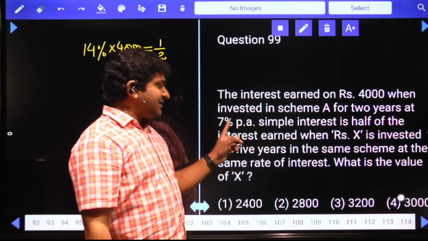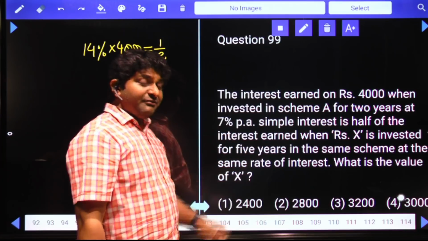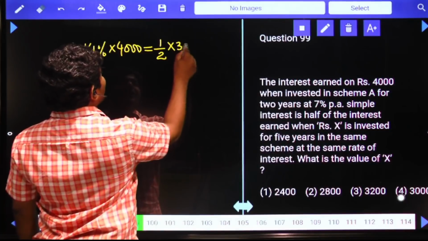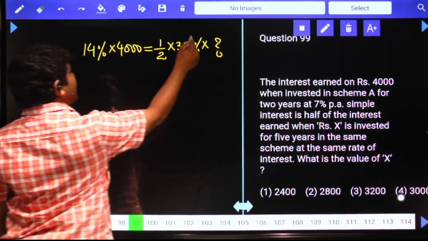Same rate of interest in the sense 7%. 7% for 5 years, we will get 35%. 35% of which number?